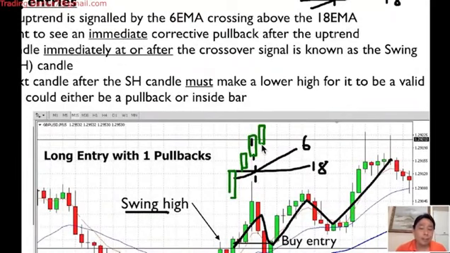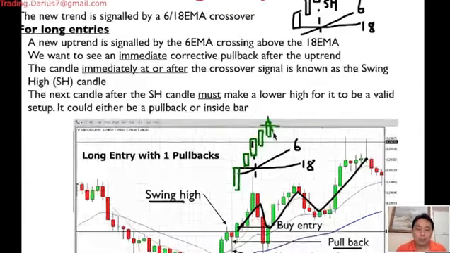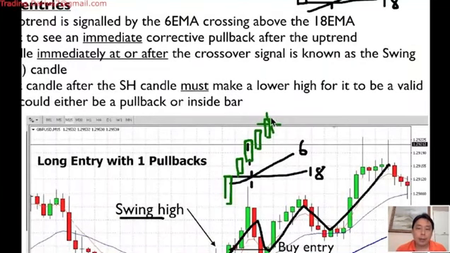But what happens if the next candle doesn't pull back, doesn't form an inside bar, and makes a higher high again? Could this be the swing high candle? Yes or no? The answer is no, because the swing high candle cannot come any later than one candle after the crossover.